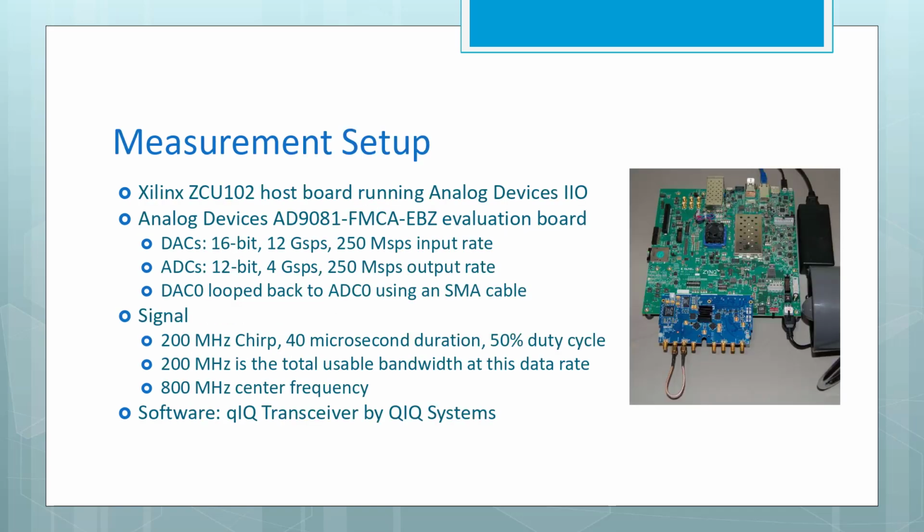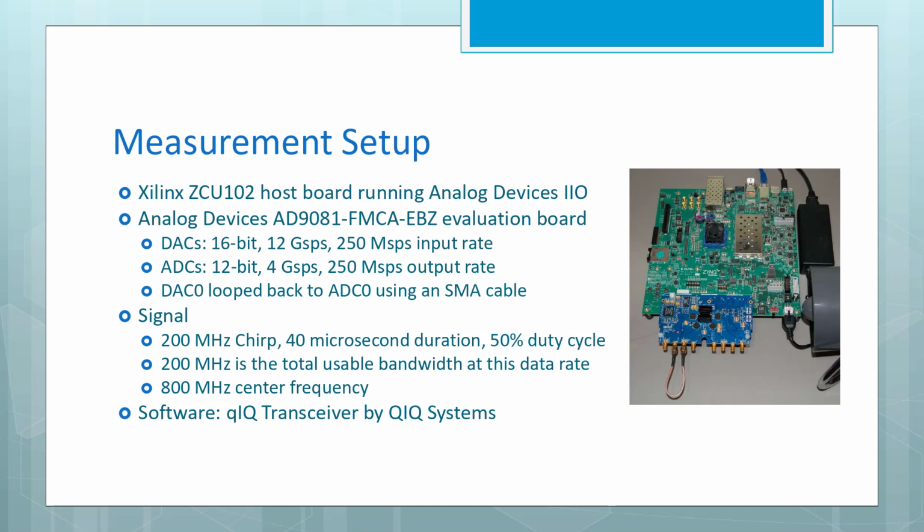Here's the measurement setup that we'll be using. The green board is a Xilinx AMD ZCU102 host board that's running Analog Devices IIO software. The little blue board is an Analog Devices AD9081 FMCA EBZ eval board.